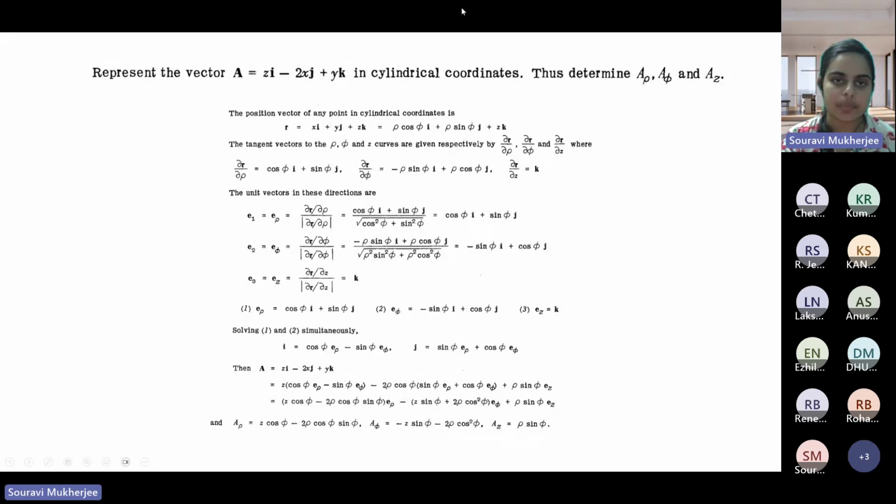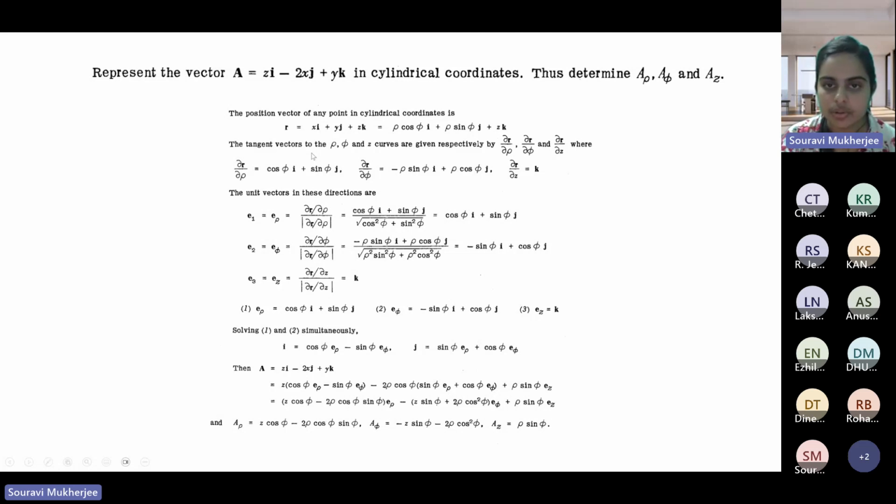There you just have to replace your i cap, j cap, and k cap by the corresponding expressions in that particular coordinate system, and you would get the expression for the components in that frame. Again, if you have some xyz values here, then do the substitution of xyz based on how you are defining xyz in terms of your new coordinates.